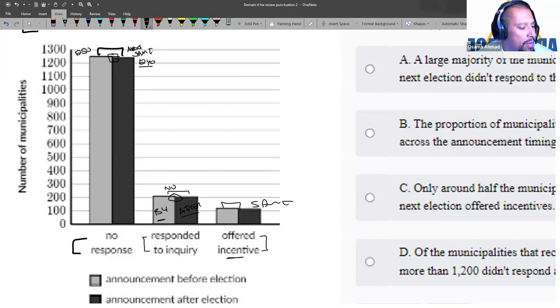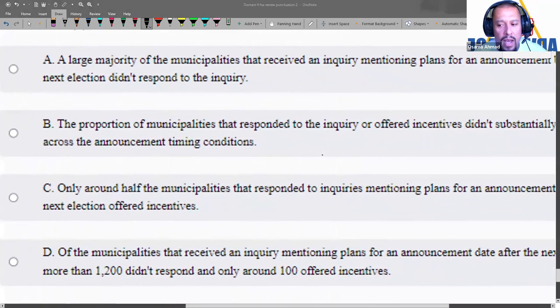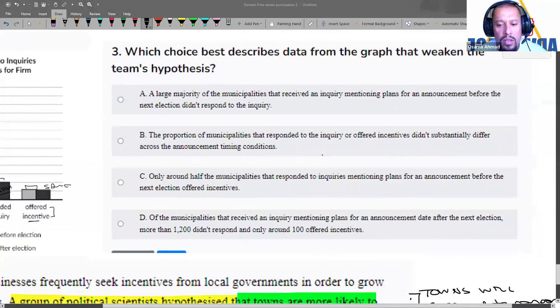Now, Mr. Muhammad, you and Noor both told me the same answer. Both of you told me answer C. Hold on, there you go. Only around half the municipalities that responded to inquiries mentioning plans for an announcement before the next election offered incentives.